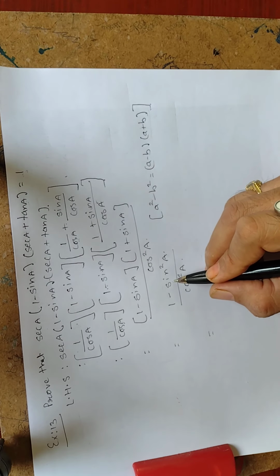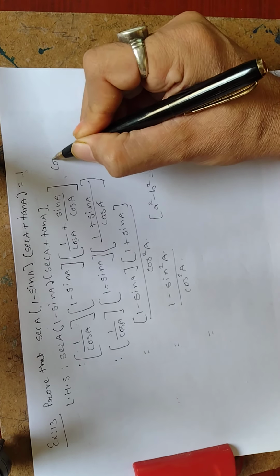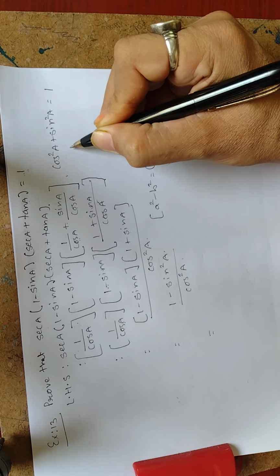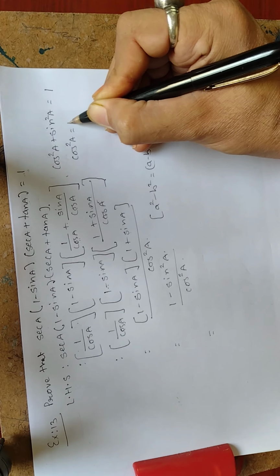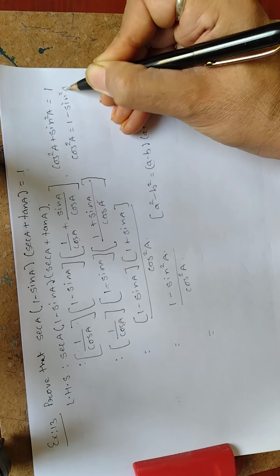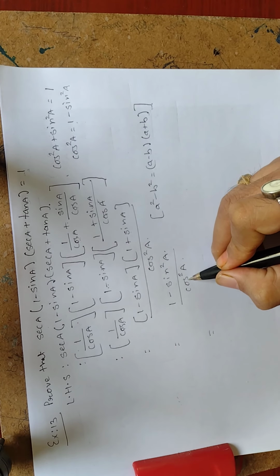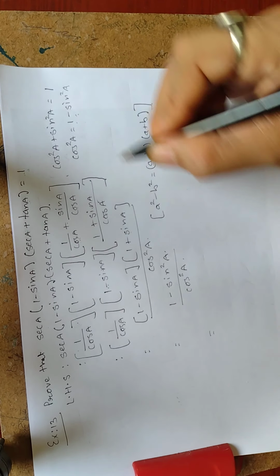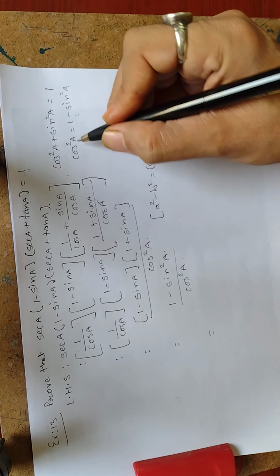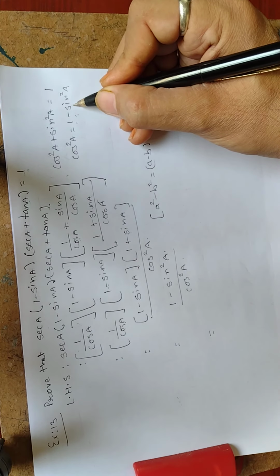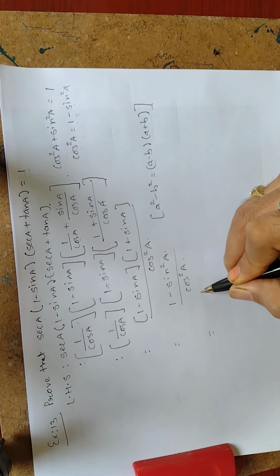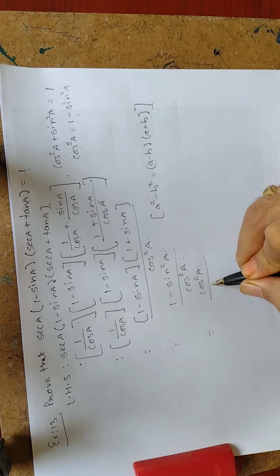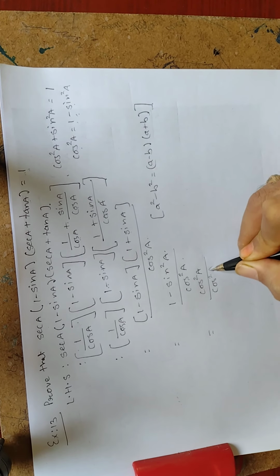Same thing we are using here: cos square A plus sin square A equals 1, so we get cos square A equals 1 minus sin square A. You can write cos square A in place of 1 minus sin square A, or 1 minus sin square A in place of cos square A. So I am replacing 1 minus sin square A with cos square A. Vice versa, you can write anything.